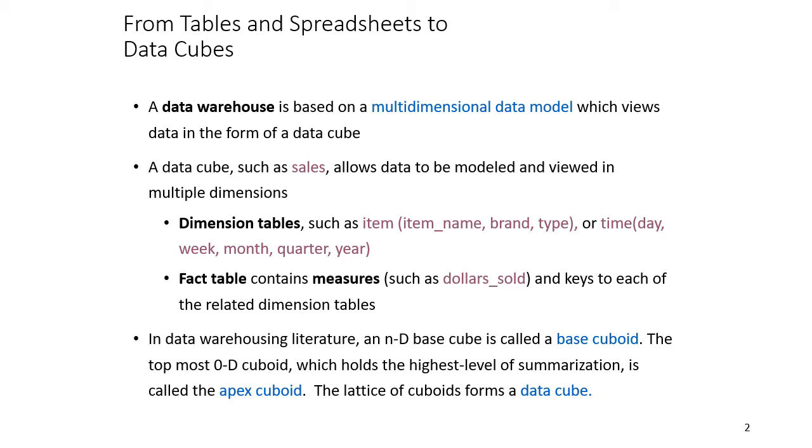So what does dimension basically mean? Dimension basically means an entity which represents some framework and which needs to be represented as a dimension. So dimension tables basically include those entities only, such as item, where item name, brand, type can further be partitioned, but item is a dimension table which contains basically the details of the item, such as item name, brand, or type.